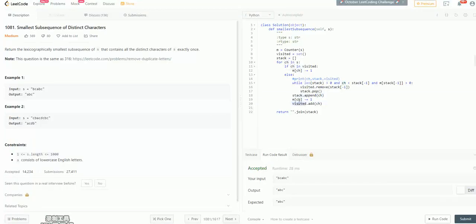We just append it, decrement the count and add it to visited. But A is smaller than C and B, so A will make the C and B pop out, and A will be appended to this stack, and so on. So that is the answer.